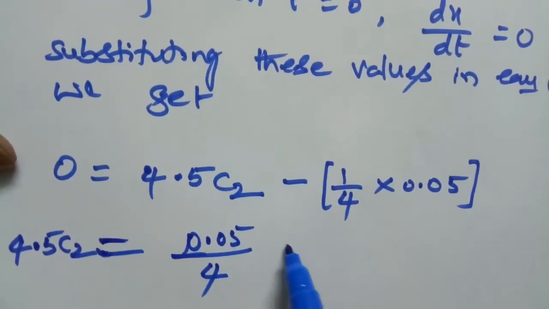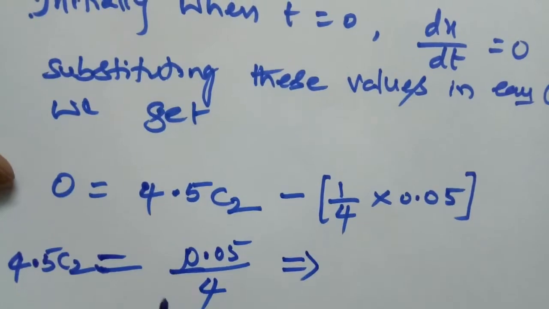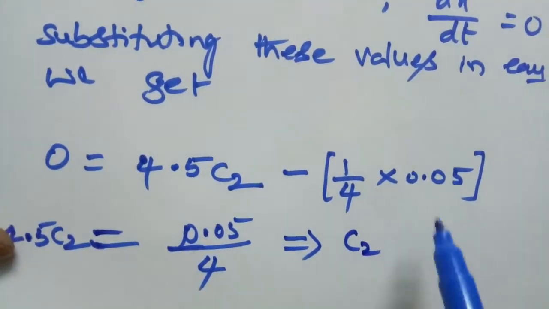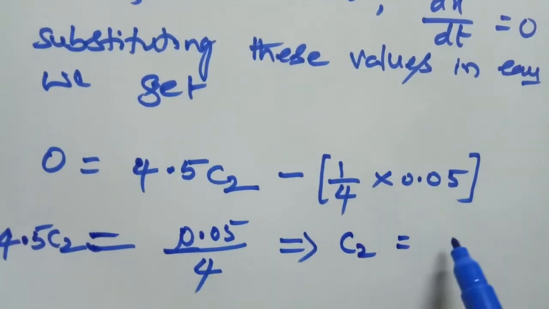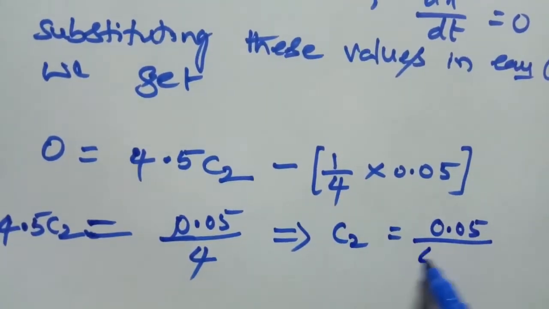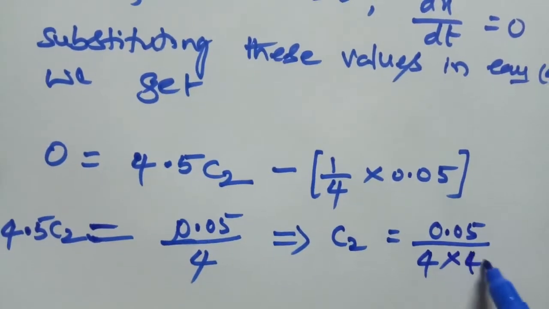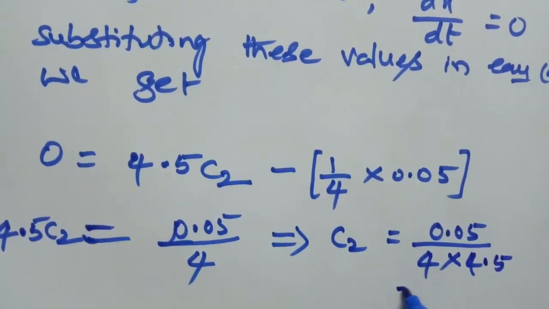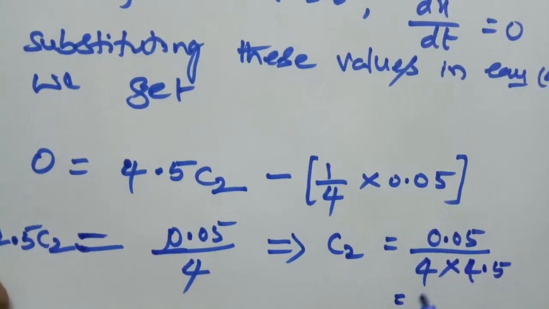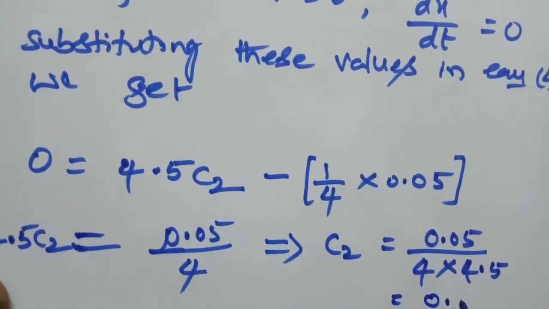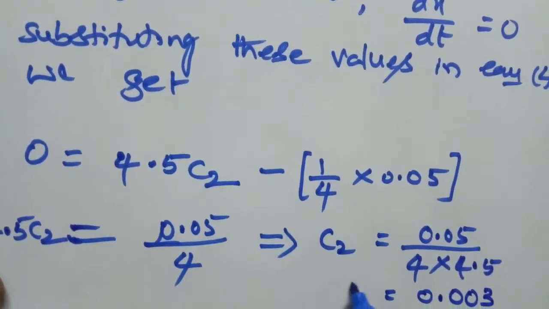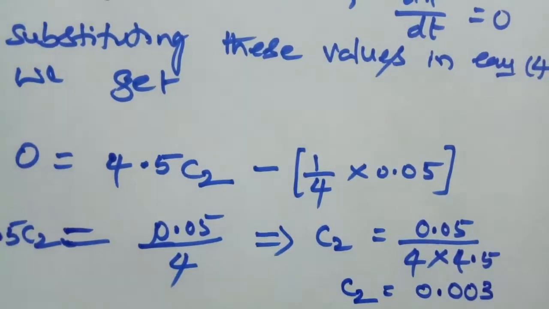Therefore, this implies C2 is equal to 0.05 by 4 into 4.5. By simplifying this is equal to 0.003. This is C2.